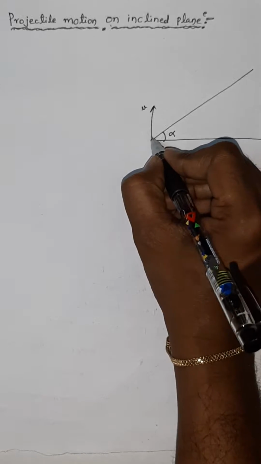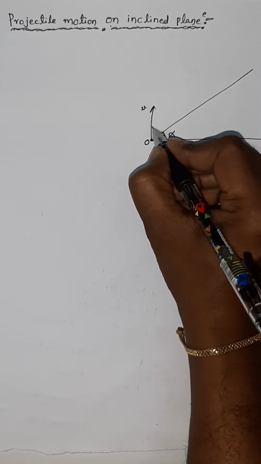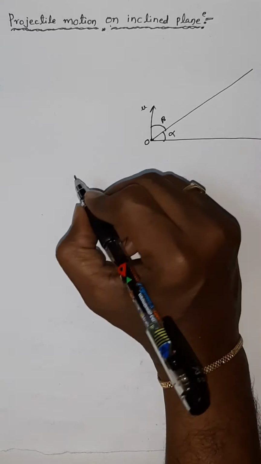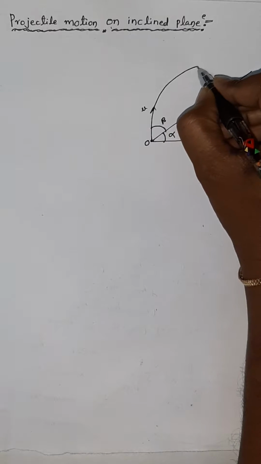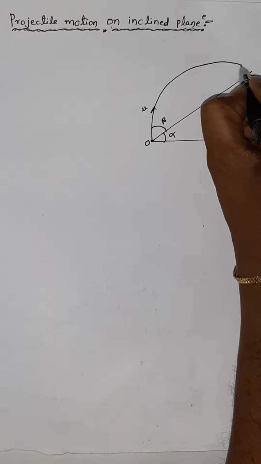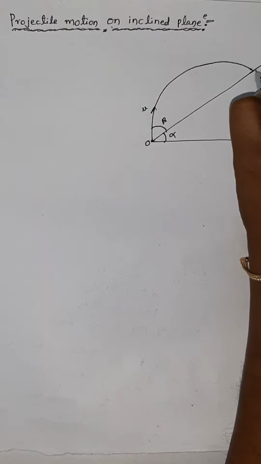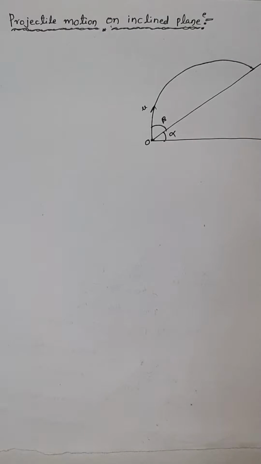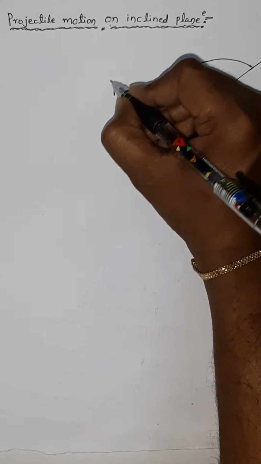Let us suppose it makes an angle beta, and this ball will move into the air. This projectile will move into the air. Finally it reaches the inclined surface after some time. Let us suppose this is the x coordinate and this is the y coordinate.